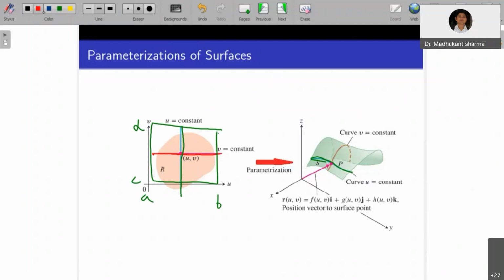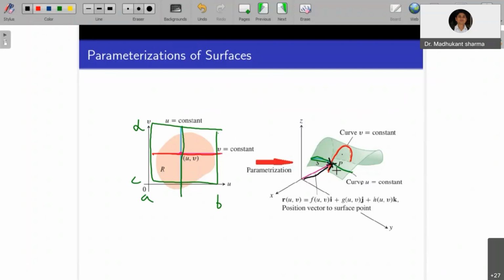Similarly, when you have v equals to constant, it will identify a curve. So you will get an intersection point, and that is nothing but that vector. So u equals to constant, v equals to constant will identify a vector, and that is going to be identified on the surface S.